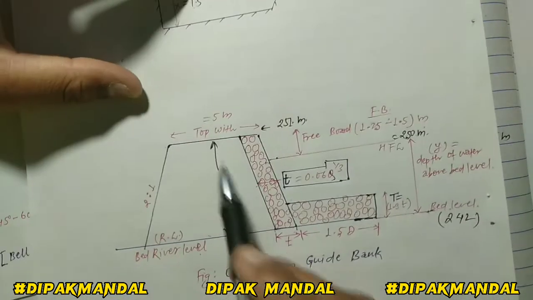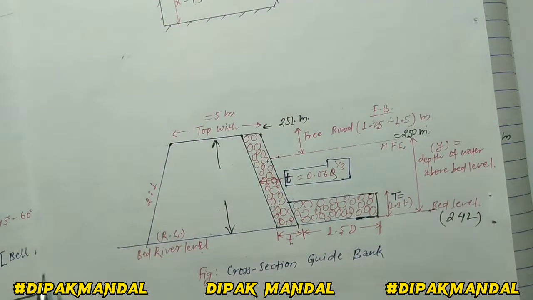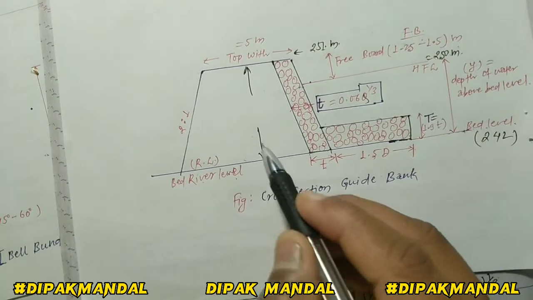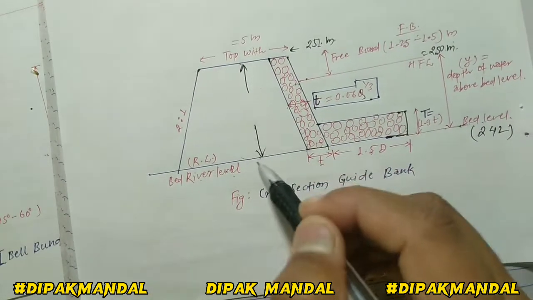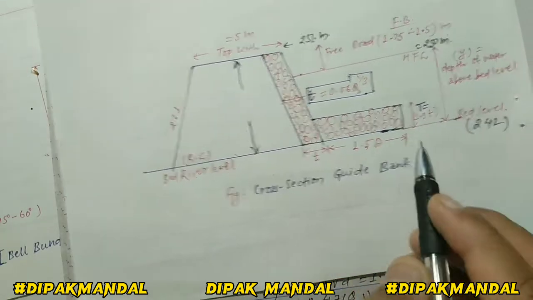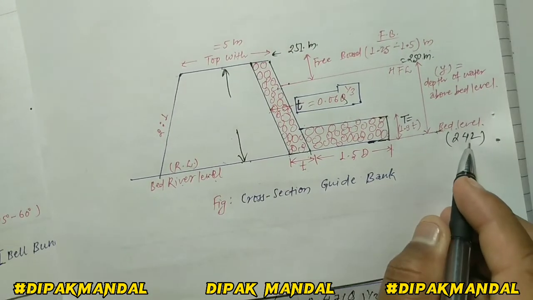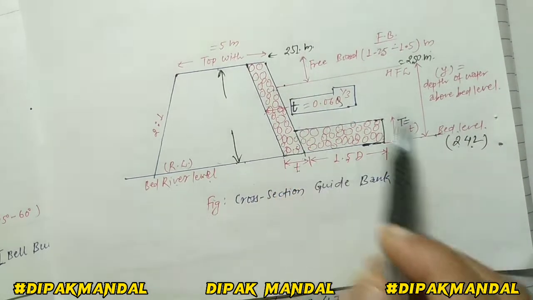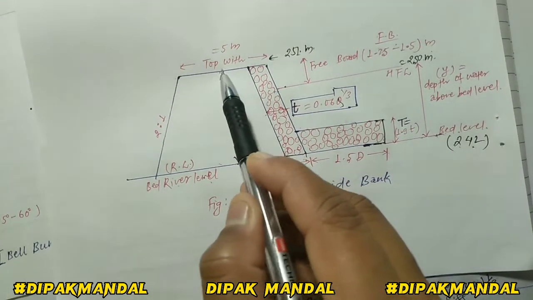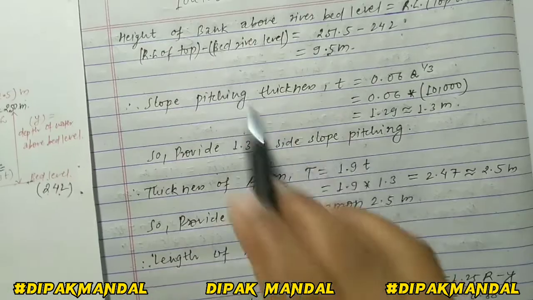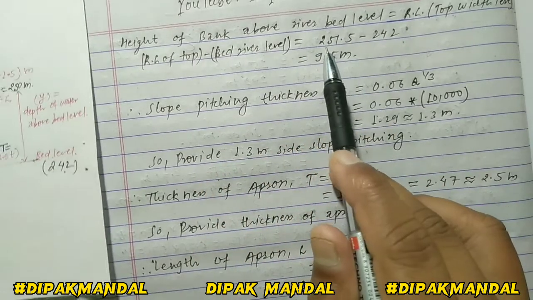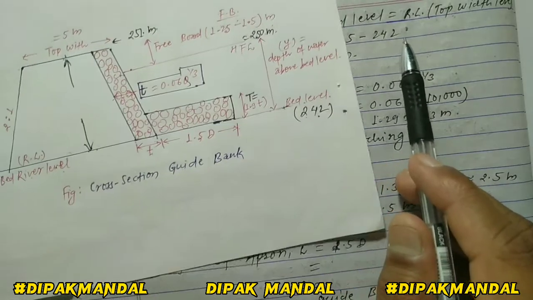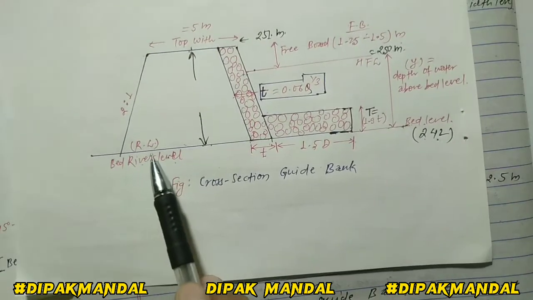Now we have to calculate the height of bank above the river bed, the height from here to here. We simply calculate it by subtracting 242, the river bed level, from 251.5.